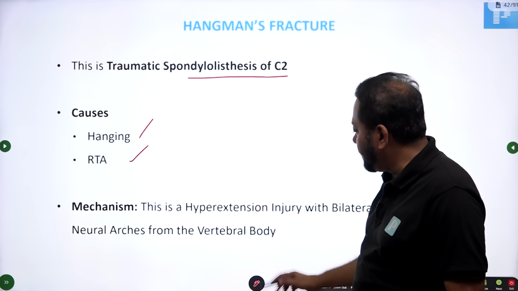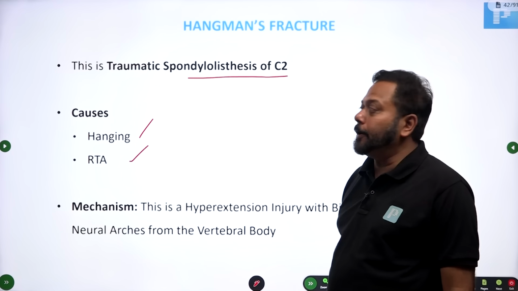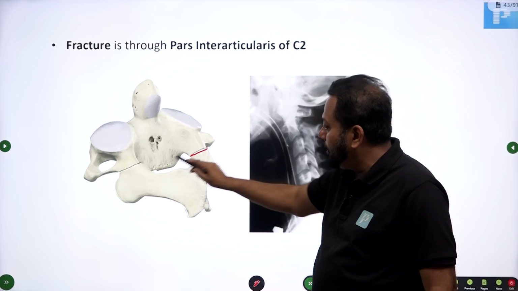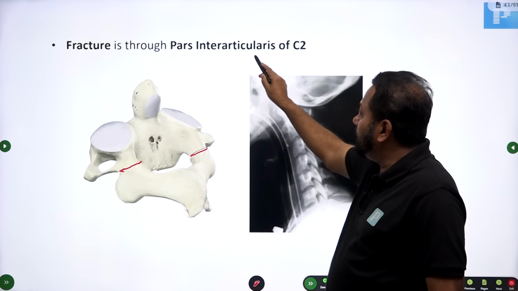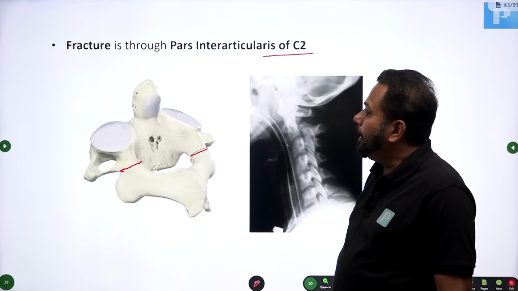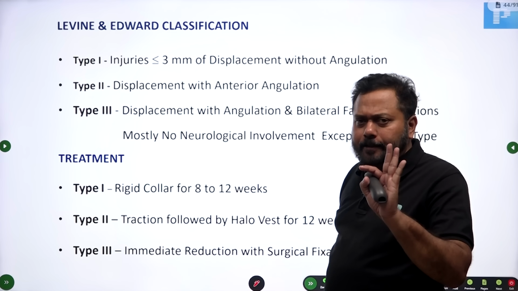Mechanism, this is hyperextension injury with bilateral avulsion of the neural arch from the vertebral body. When you see, fracture is through pars interarticularis, you see here is the fracture. It is through the pars interarticularis of the C2. Okay, second vertebra, right?